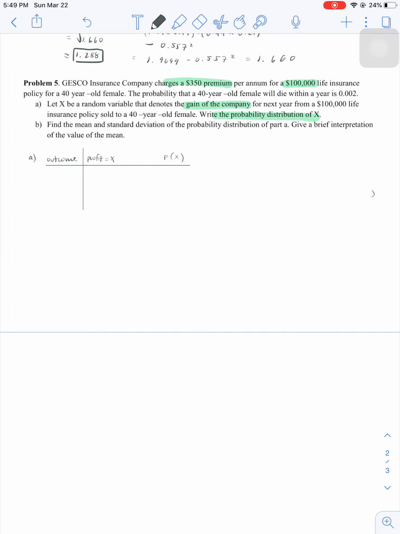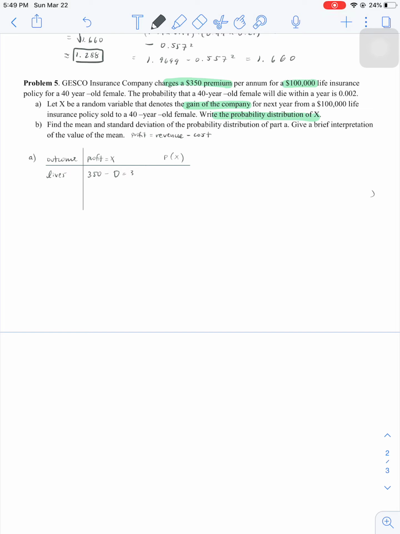So here we go. So my two outcomes, either the customer lives, in which case, remember that profit is equal to revenue minus cost. So the company will always receive $350 from the customer. That's their revenue. If the customer lives, then the company doesn't have to pay out anything. So the cost to the company is 0.